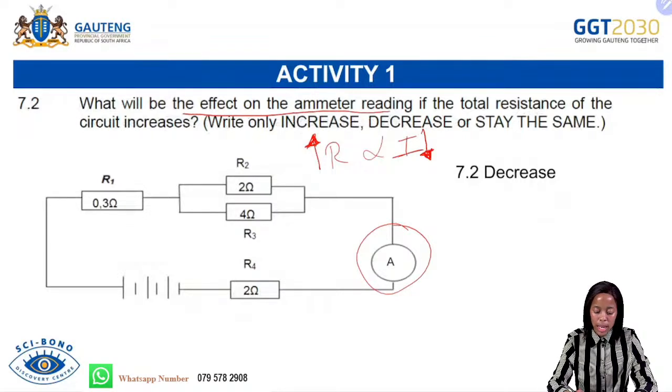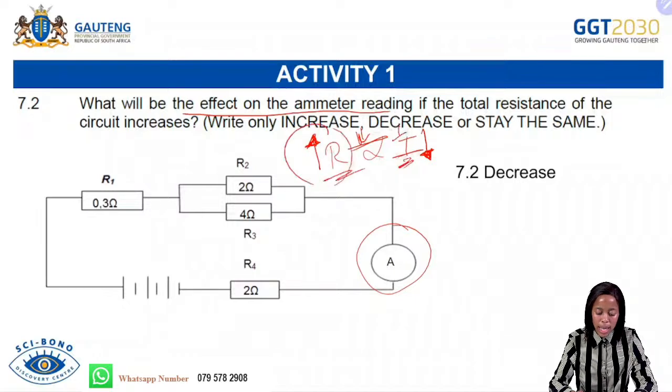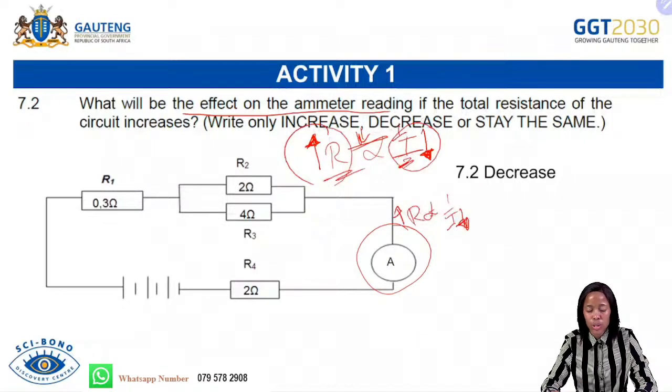Why? Because the relationship between the resistance and the current is that they are inversely proportional. So it therefore means that as the resistance increases, the current will decrease.